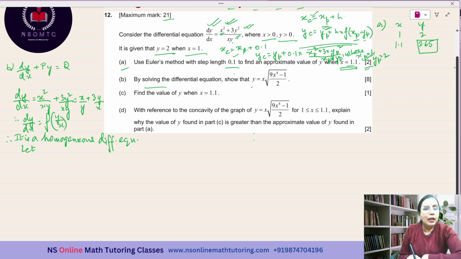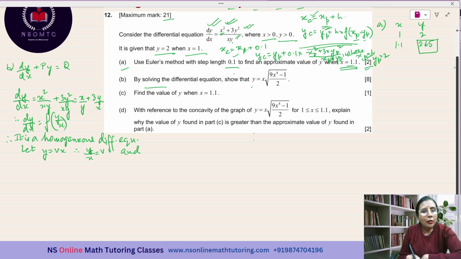Whenever you see that dy by dx is a function of y over x, it shows that it is a homogeneous differential equation. And in order to solve homogeneous differential equations, you can take this substitution y equal to vx. Okay. So therefore, y over x is equal to v.